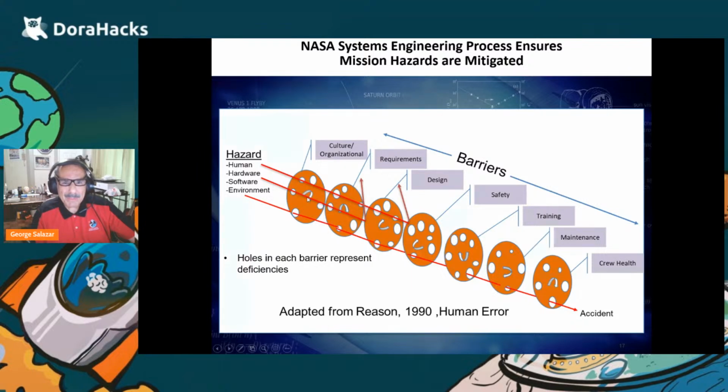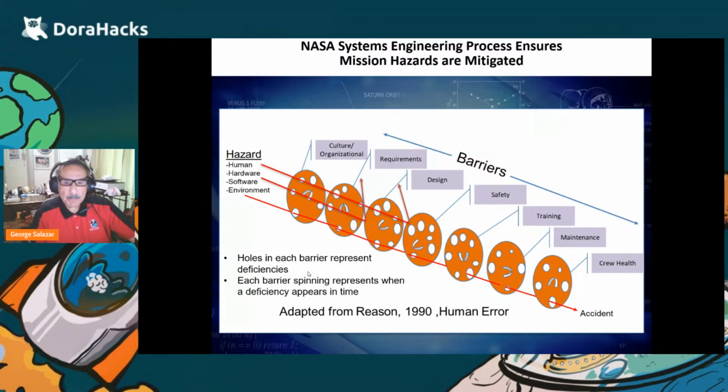People say, well, what about the culture and organization? Well, if your culture and organization does not consider safety reviews and safety testing as part of the development, that's a hole in the system. There should be that kind of review. Or if the project manager decides not to test a critical function, that's an organizational hole in the system.